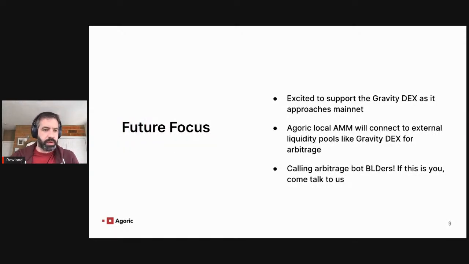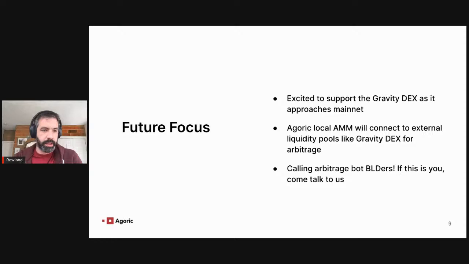And so I've started to talk through some of this already, or alluding to it at least. But this is important not just from an exposure standpoint for Agoric, but also from an actual economic stability standpoint. One of the important ways that a chain maintains its stability is that our local AMM needs to connect to deep liquidity pools that may be on our AMM or maybe elsewhere on other chains.